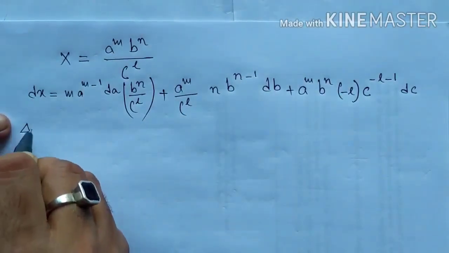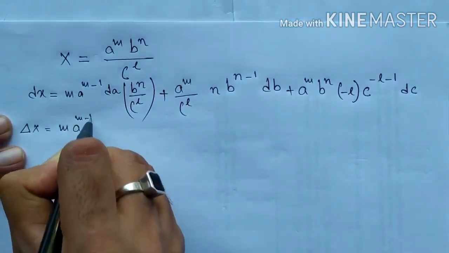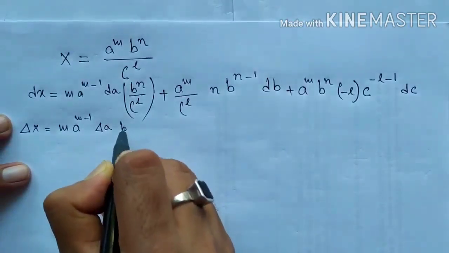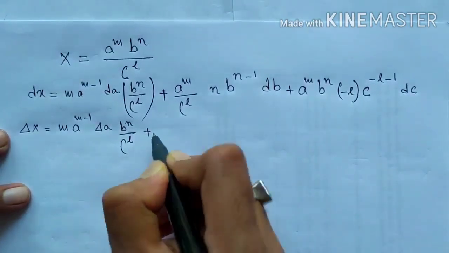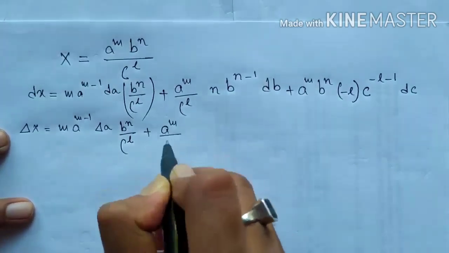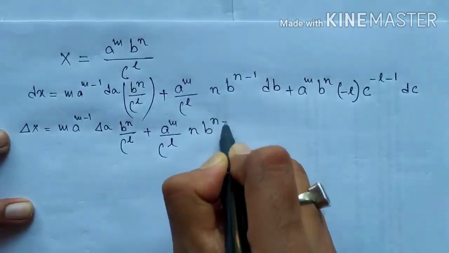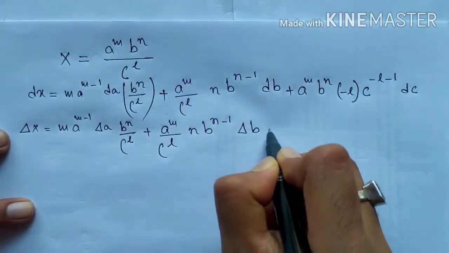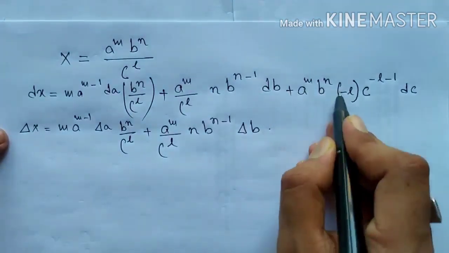So now I am just replacing dx by delta x. So delta x will be equal to M A to the power M minus 1 delta A B to the power N by C to the power L, plus A to the power M by C to the power L N B to the power N minus 1 delta B. Now there is a minus.